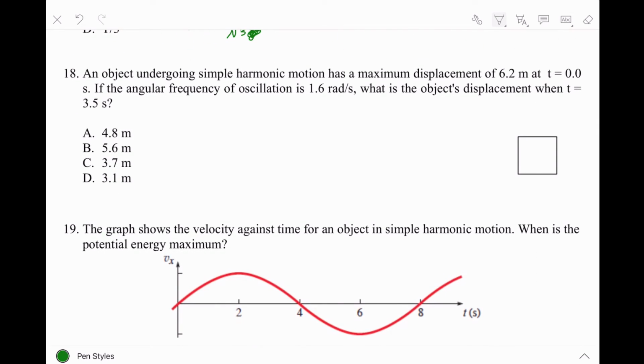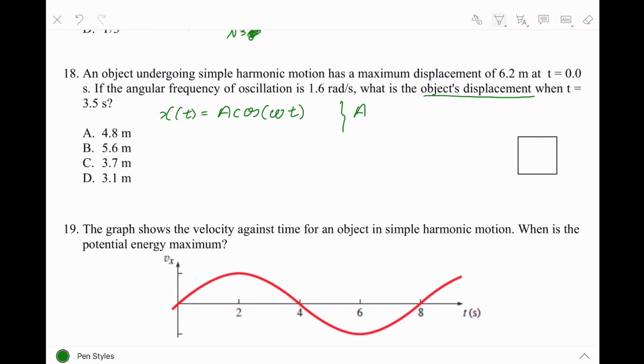Number 18. An object undergoing simple harmonic motion, what is the object's displacement? First of all, you have to write down an equation for simple harmonic motion. There are two ways to write it.